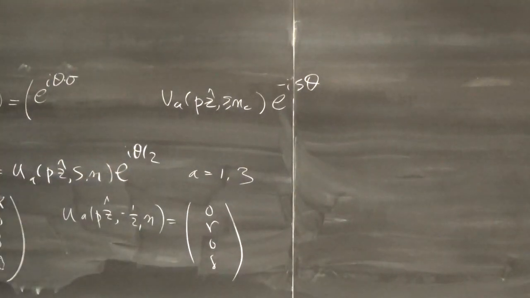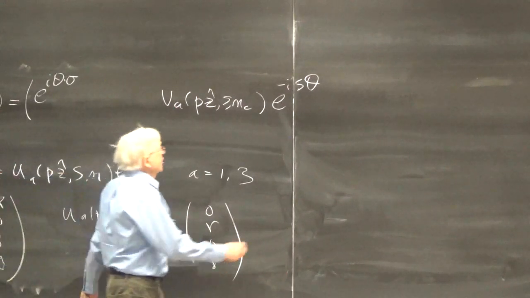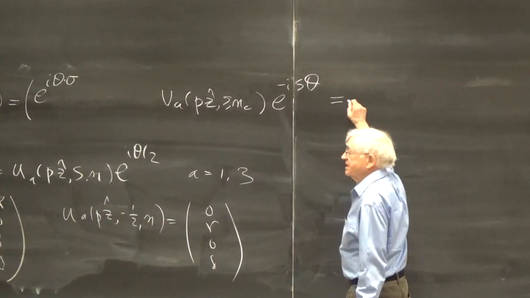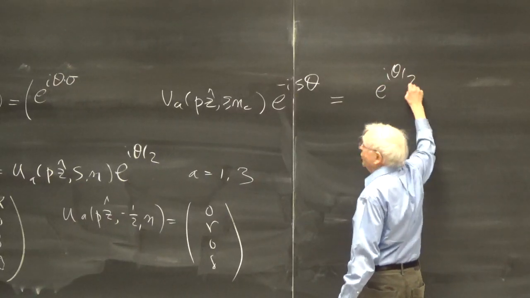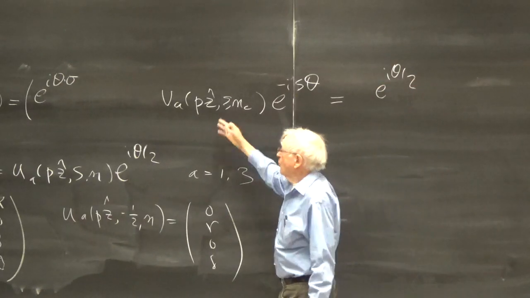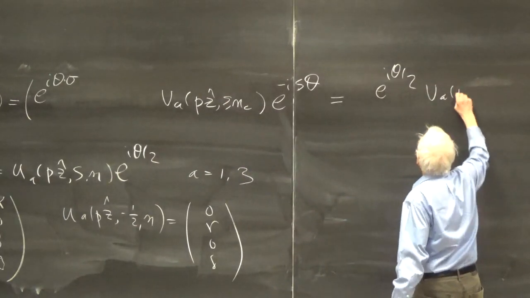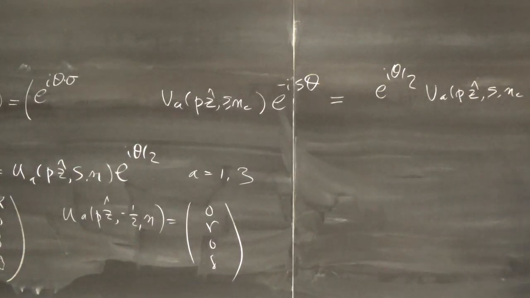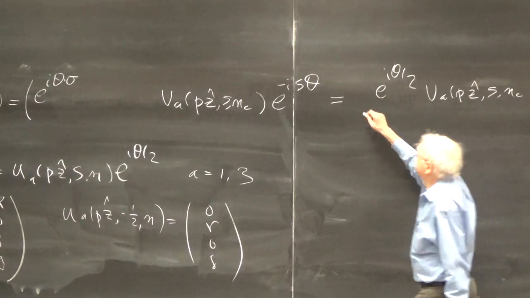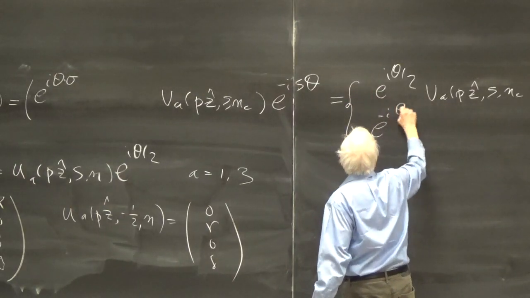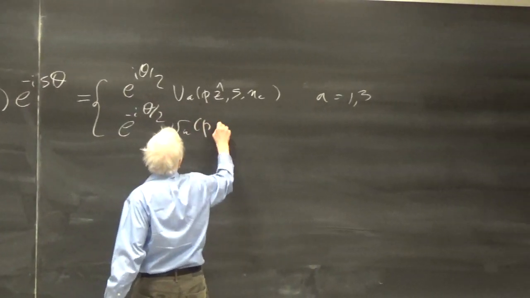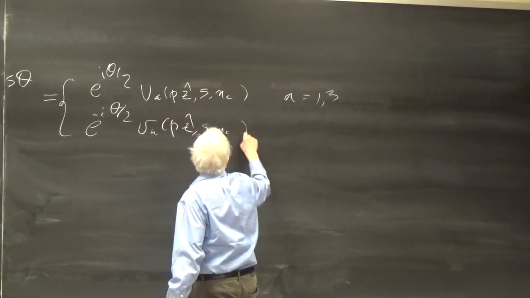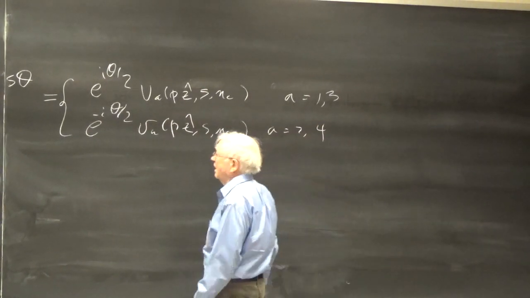And if it's in the z direction, there's no change. On the other hand, what we know is that this is going to be e to the i theta over 2, an overall phase factor, v_a of p z-hat, s, n, c for a equal to 1 or 3, and it's going to be e to the minus i theta over 2 v_a p z-hat s n c for a equal to 2 or 4.